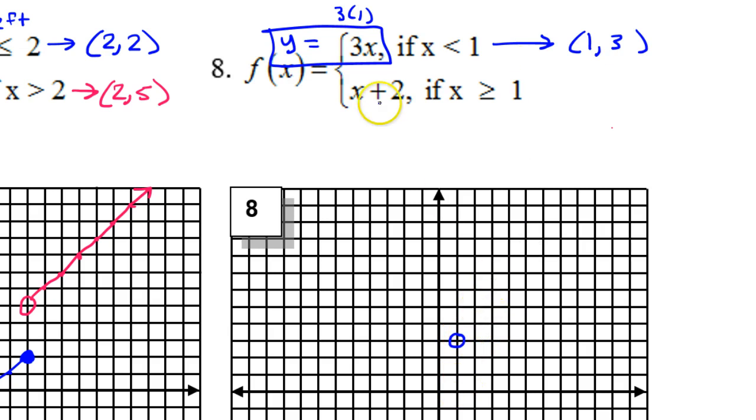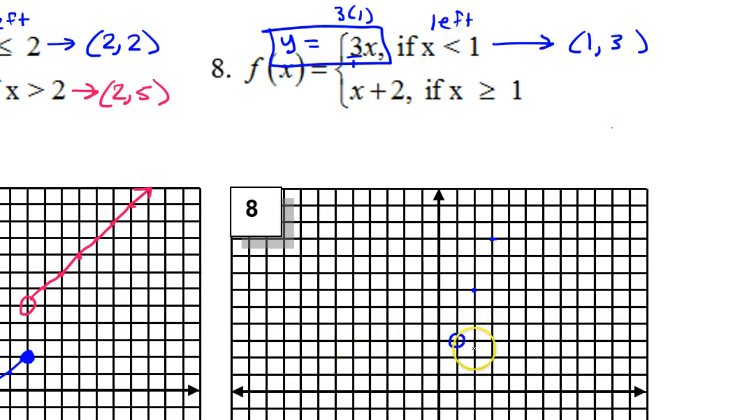So there's my endpoint. Now my slope is 3, which I always think of as 3 over 1. So if I were going to the right, I would go up 3 over 1 like this. That's my slope. But I'm not going to the right. I want x values that are less than 1. So I actually need to go to the left.